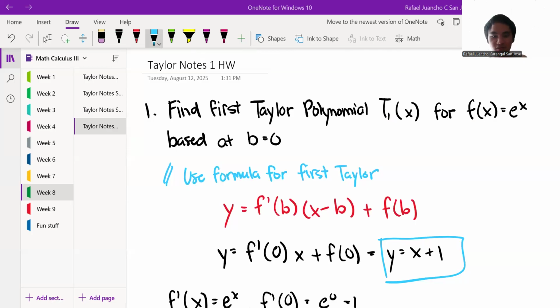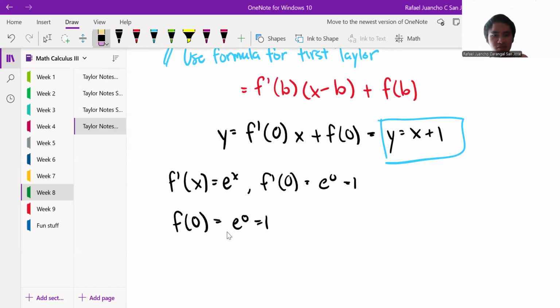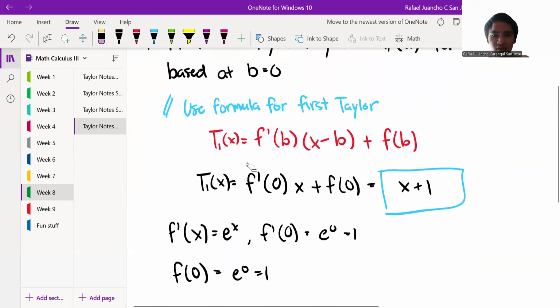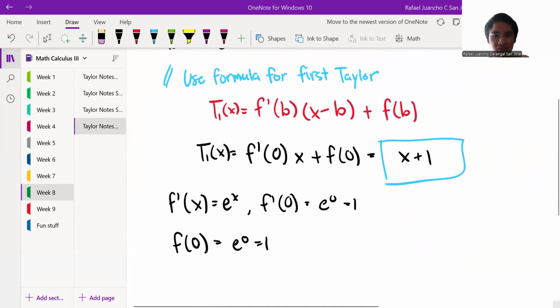Oh, we could have used the t notation. We could actually use that, T sub 1. There we go, and then we get this thing here. Let me just move this. Okay, that's nice. So it's 1 plus x.